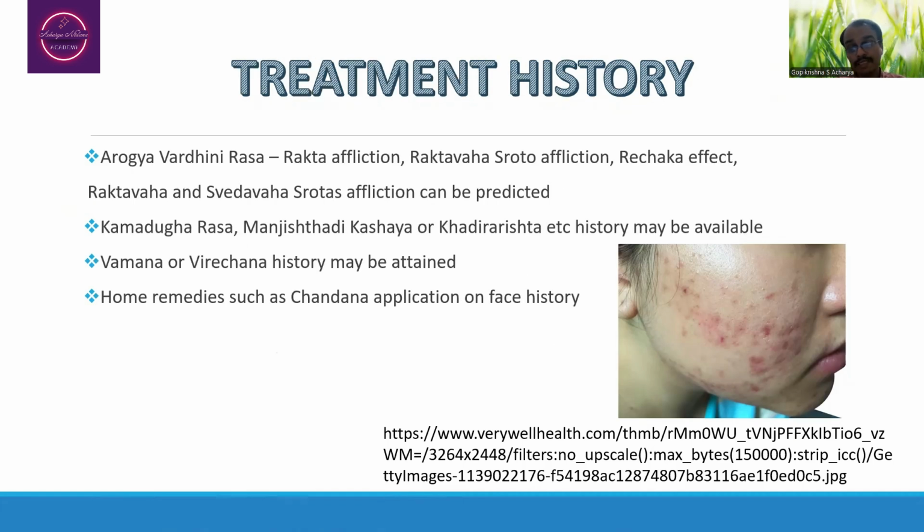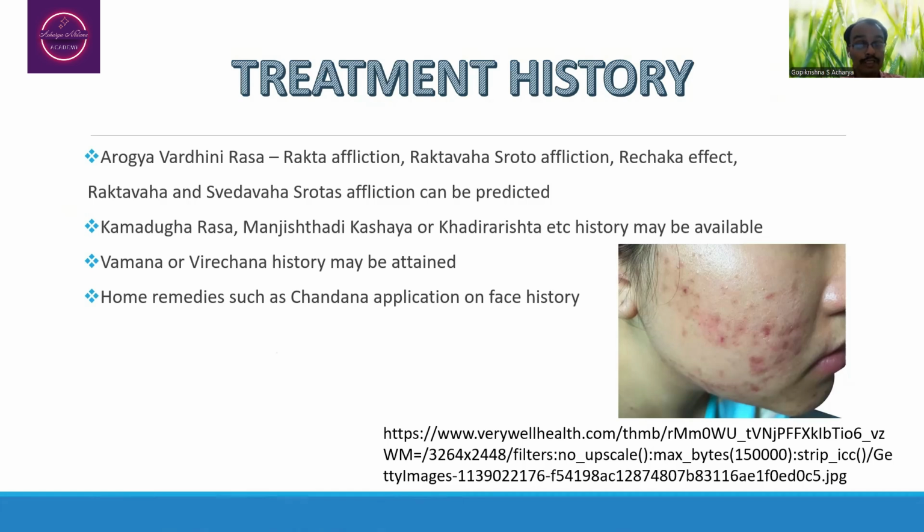As far as treatment history is concerned, the same patient is coming to you, and by this we can predict the possible treatment taken. Suppose the person is visiting you after going to another Ayurveda hospital. What kind of medications has the person taken?